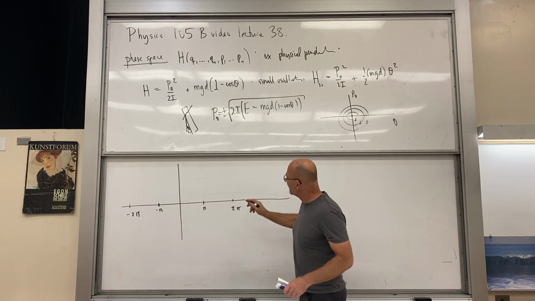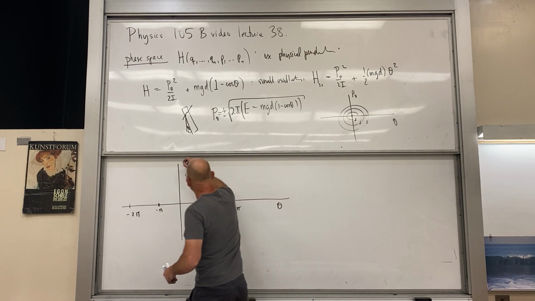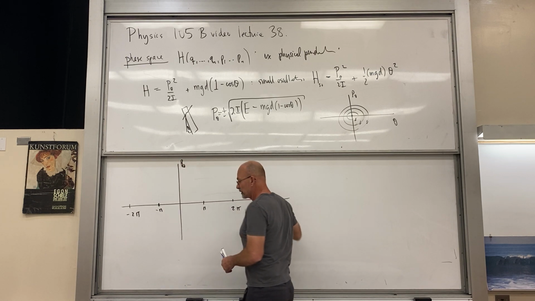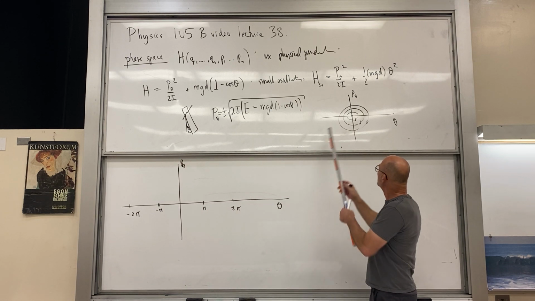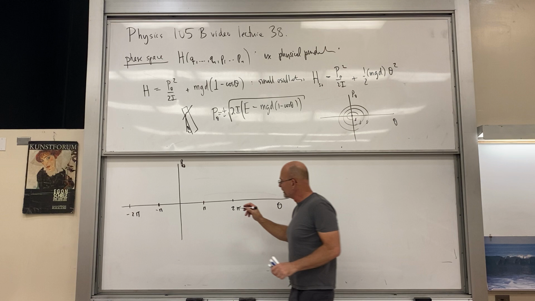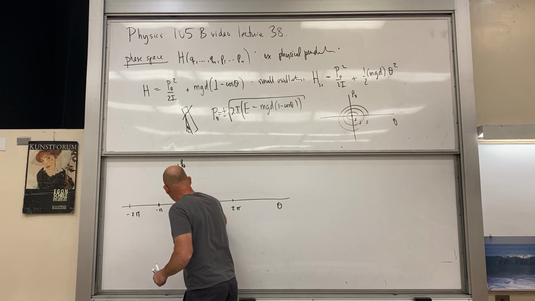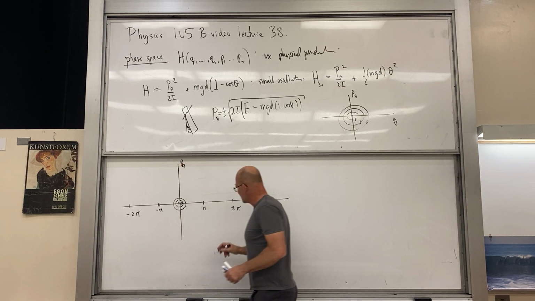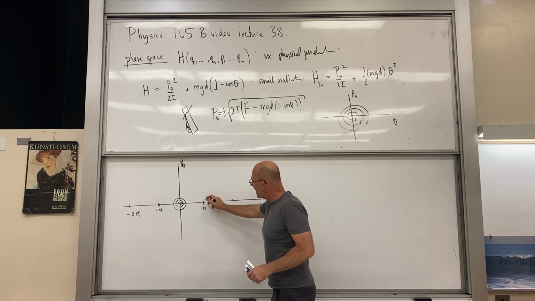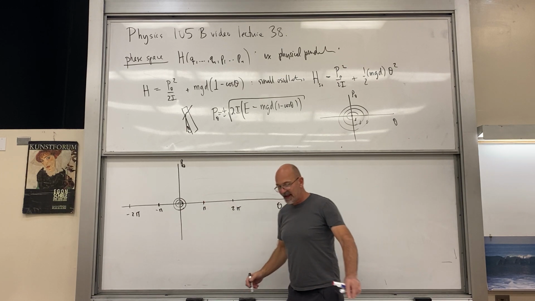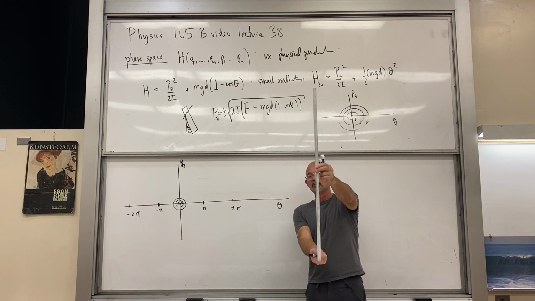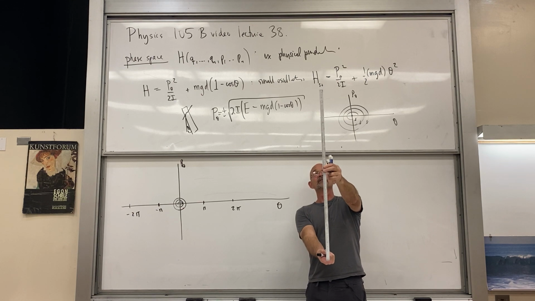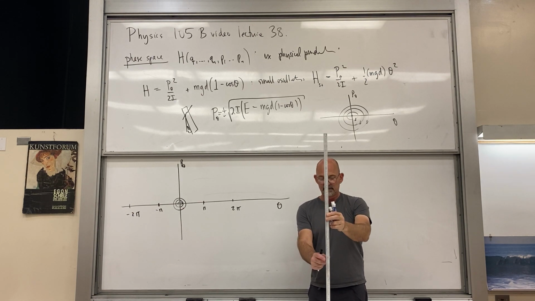And then for this phase portrait, theta is theta. We of course inherit this one for small oscillations right here. But at the point where the angle is pi and we're down here on the axis, that is the unstable equilibrium of something standing there on its head, so to speak.